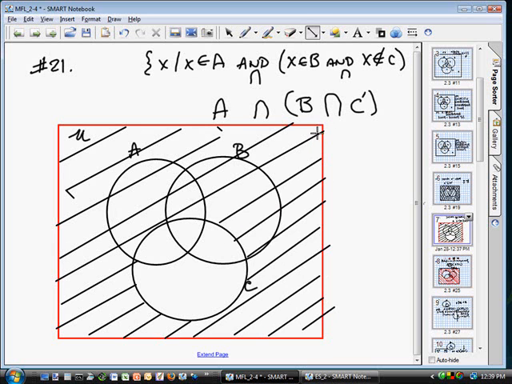Where does that overlap set B? And for B, I'll just make shading this way. Okay, so A complement shaded one way, B is shaded another way. So far, where do they overlap? Wherever there was crosshatching, right?